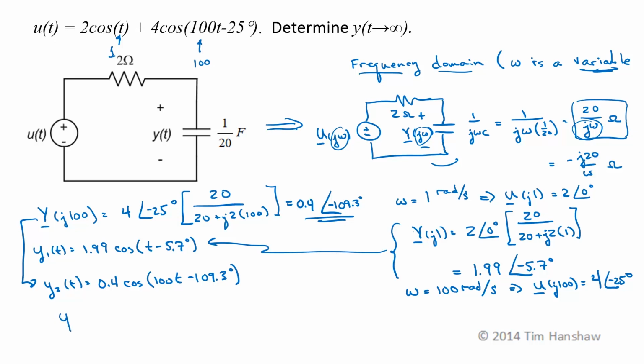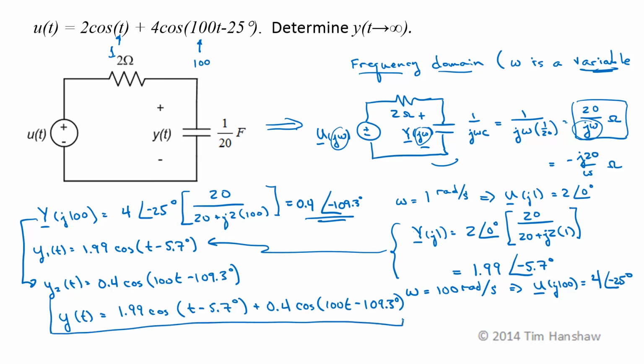Now I can superimpose these. The overall output is the sum of the two, so that's 1.99 cosine of t minus 5.7 degrees plus 0.4 cosine of 100t minus 109.3 degrees.